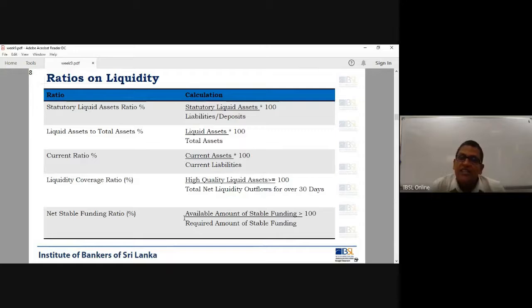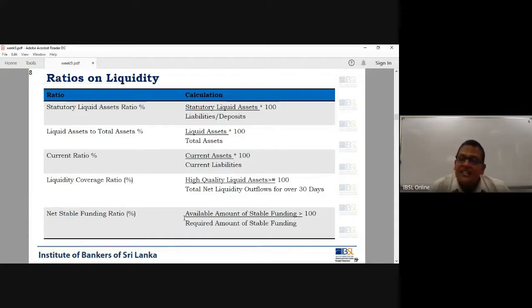Why have I mentioned liabilities and deposits here? Because licensed commercial banks calculate statutory liquid assets divided by total liabilities multiplied by 100.